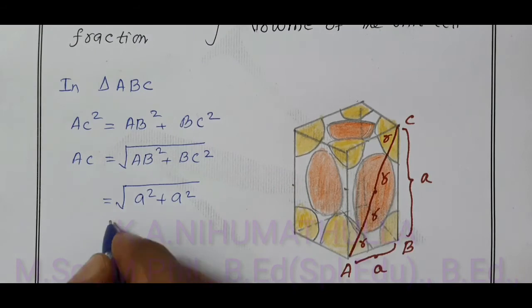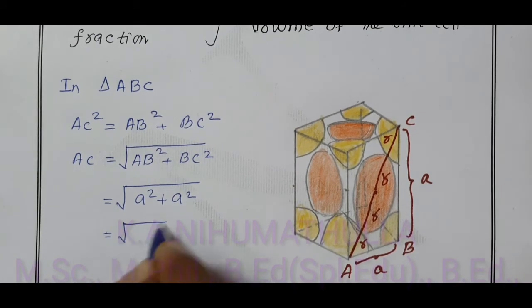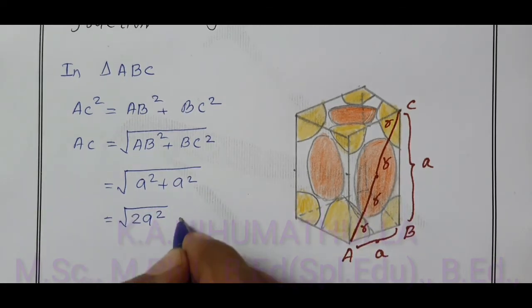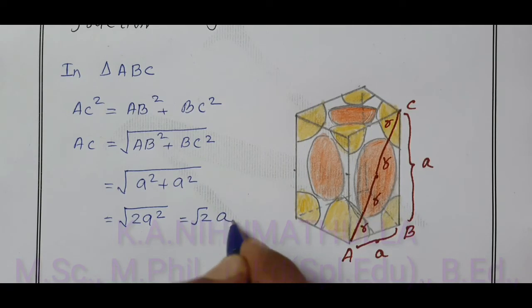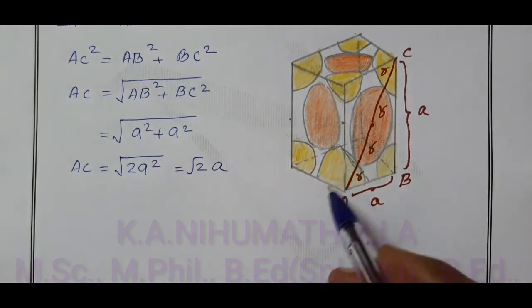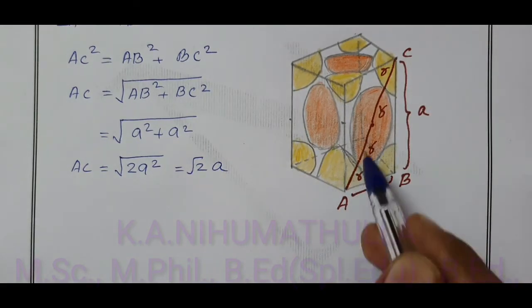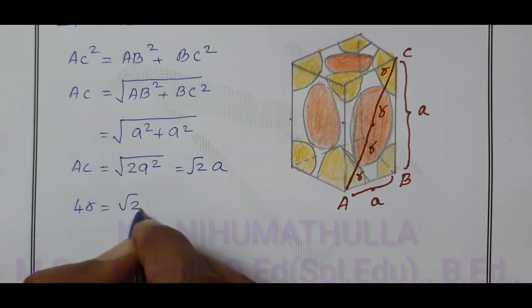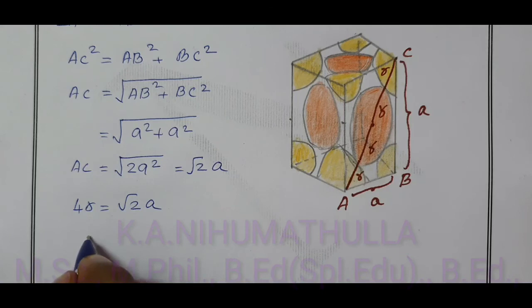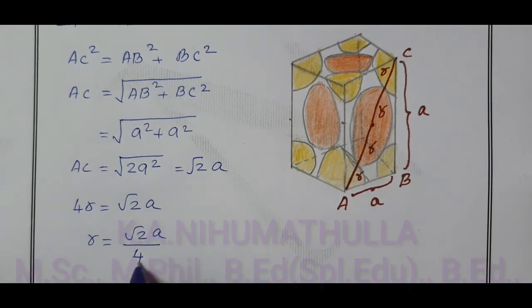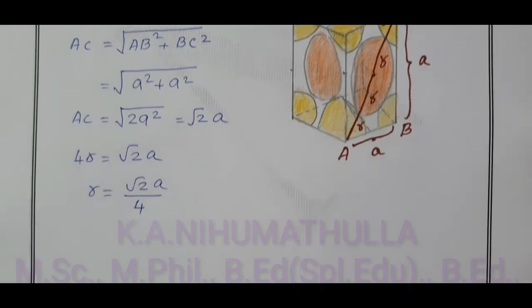So a square plus a square equals 2a square, or AC equals root 2 into a. We know AC consists of 4 radii. So 4R equals root 2 into a, R equals root 2a divided by 4.